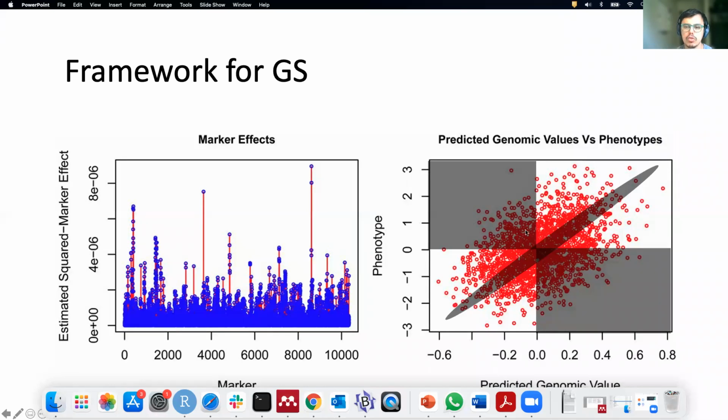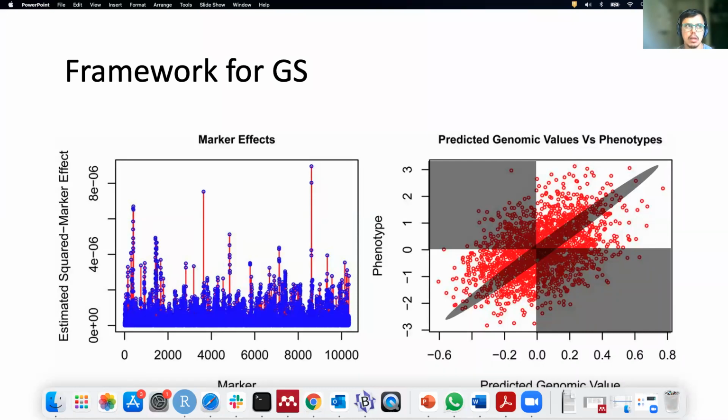But if the model is good enough to select the top of the lines, that is something you can use in your breeding programs. So it is important that you take this into account. Genomic selection is not going to give you a correlation between the phenotype and the genomic value close to 1. I haven't seen anything like that.